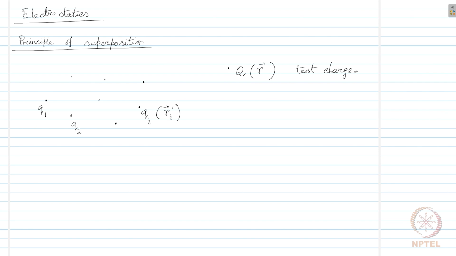Now, the separation between the test charge and the point charge at the ith position can be given as curly R vector equals R minus Ri prime.